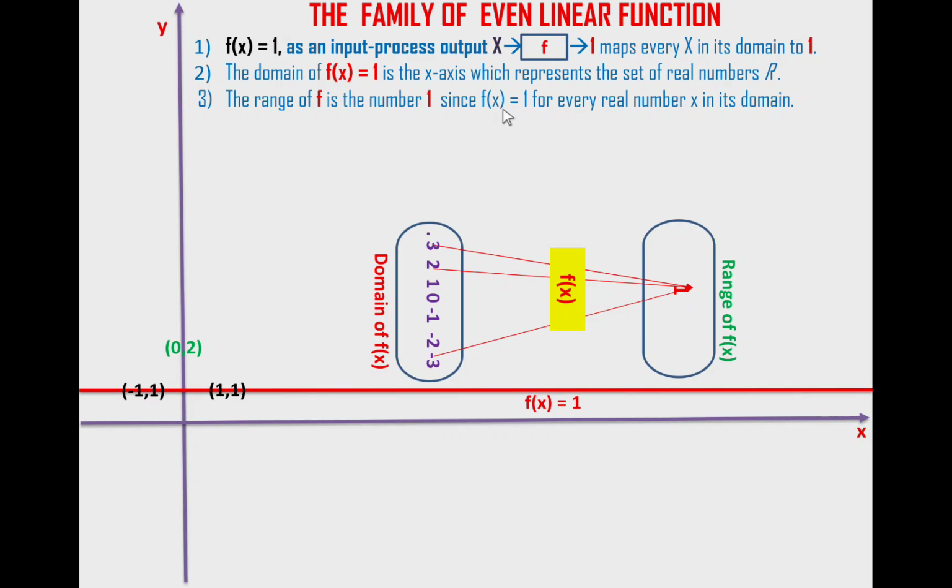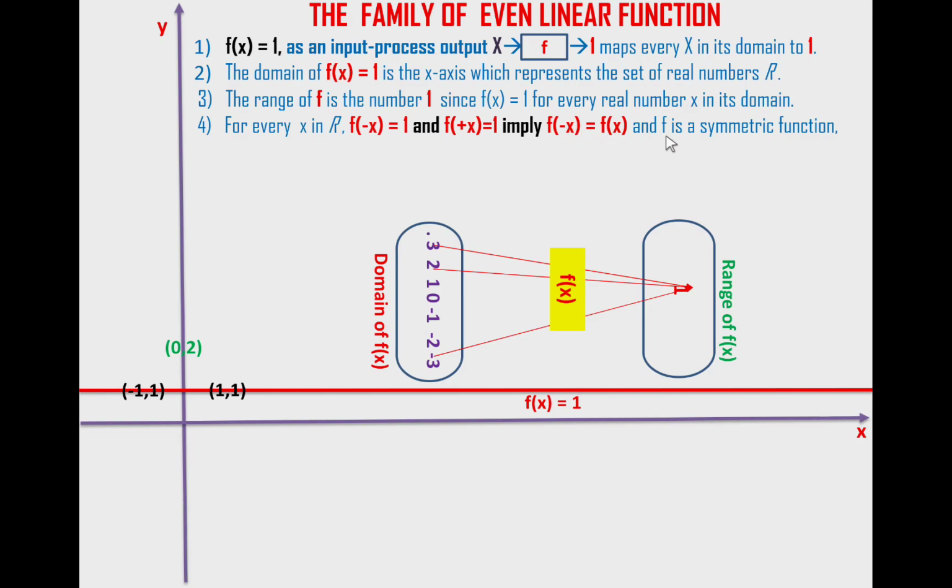Let's take a look at the fourth characteristic. The fourth characteristic is the following. For every x in R, where R is the domain of x, f of minus x equal to 1 and f of plus x equal to 1 imply f of minus x equal to f of plus x.